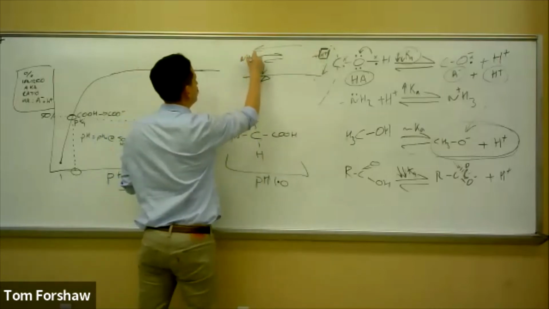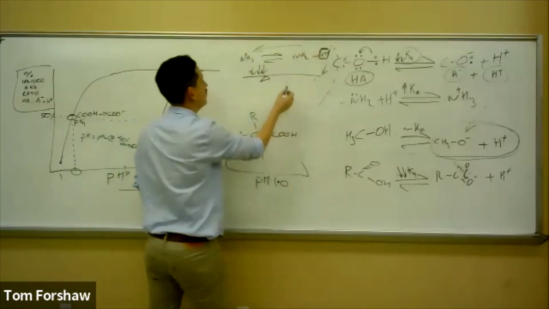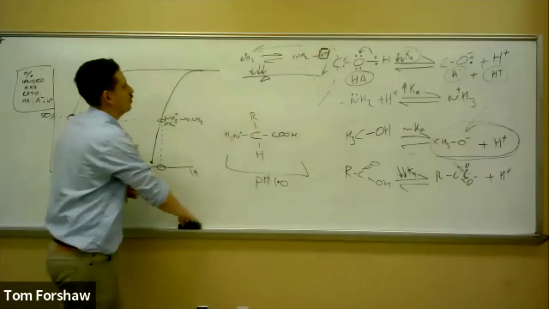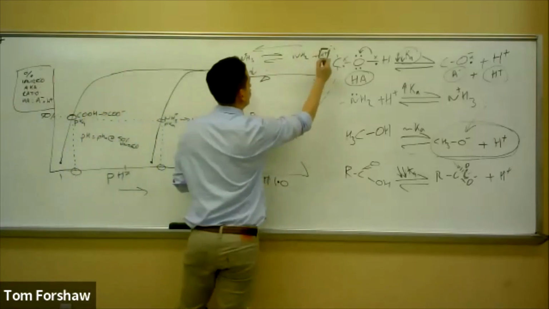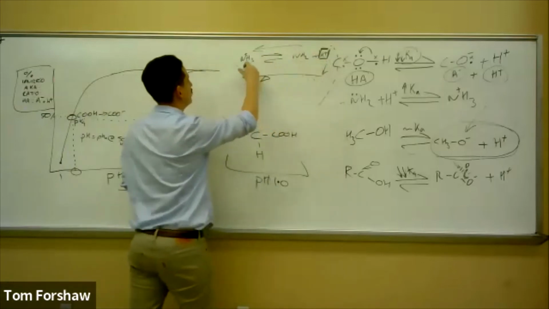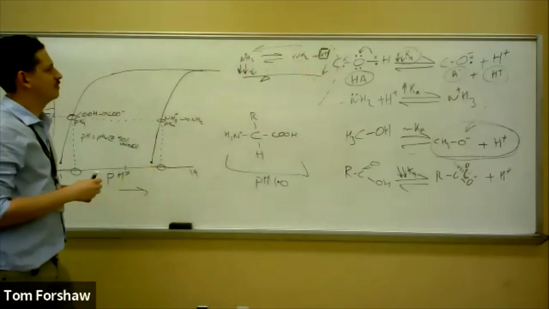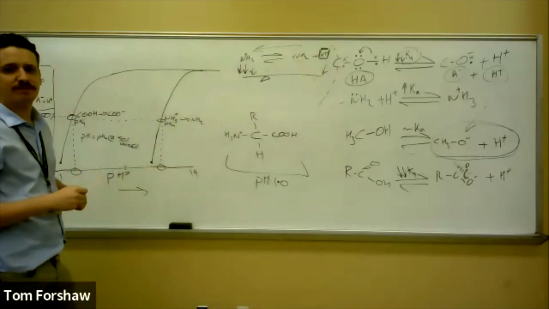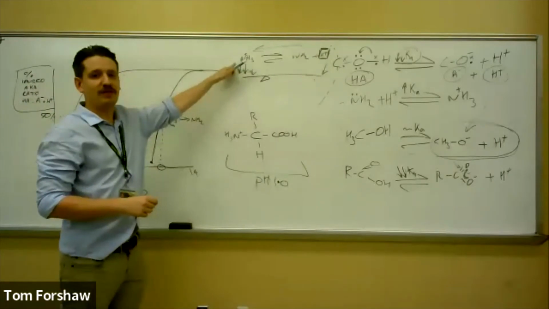So NH3 plus and NH2. So the fulcrum is on the other side, which means that we're going to need more of this. It's going to be more of this.